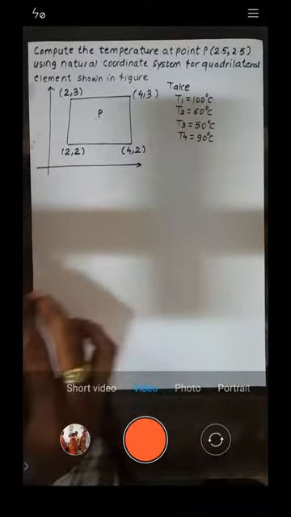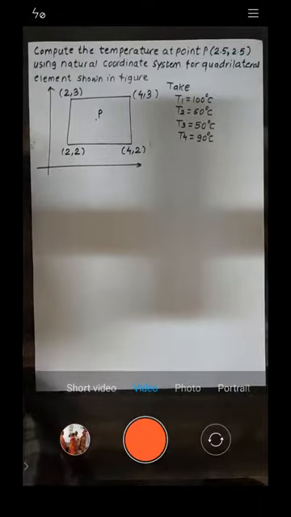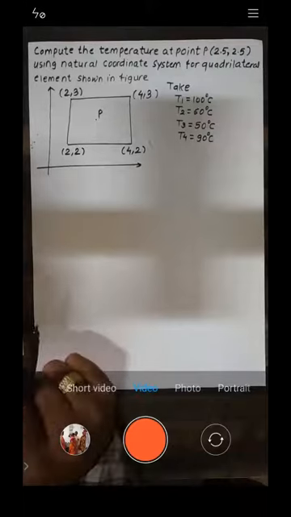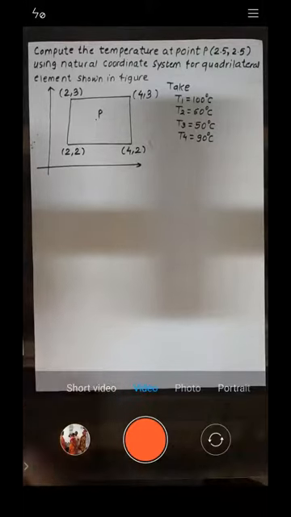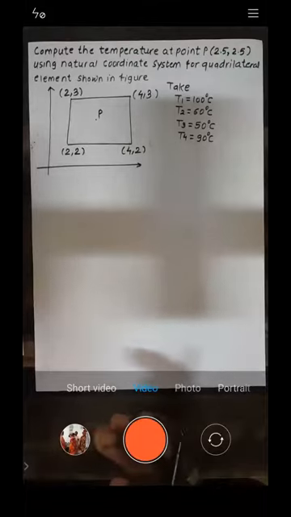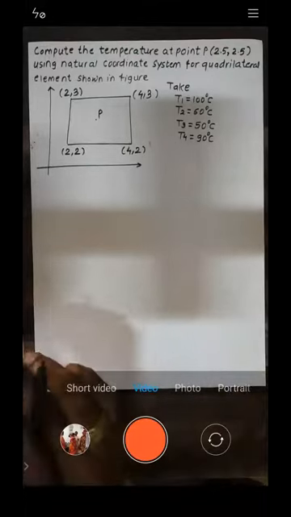In order to calculate the shape function, you need to know the value of zeta and neta, right? So first you should calculate zeta and neta. Once you have zeta and neta, you can calculate shape functions.